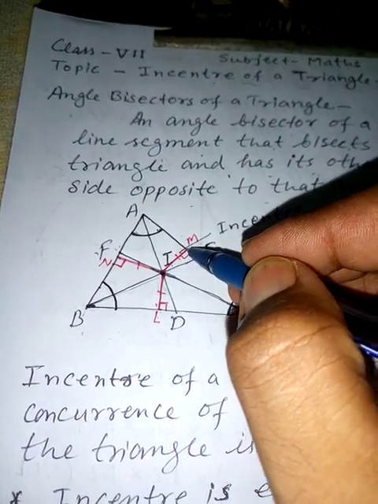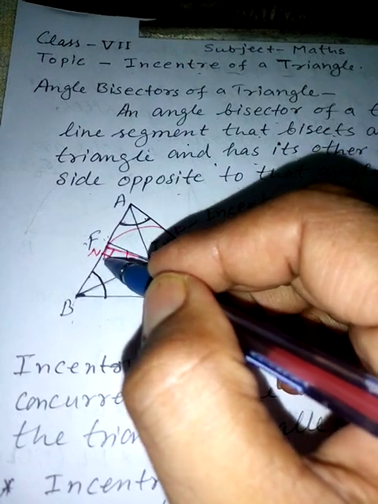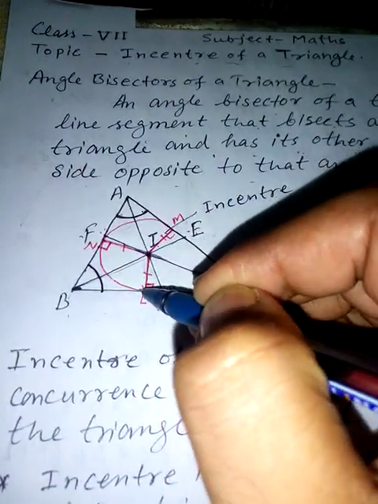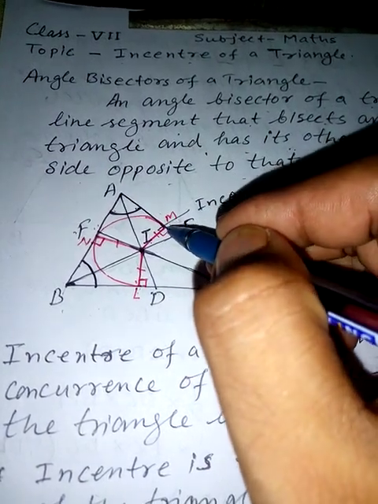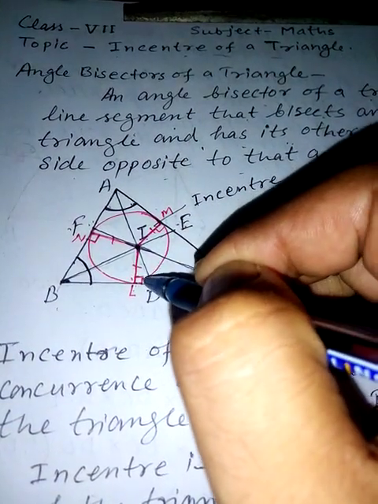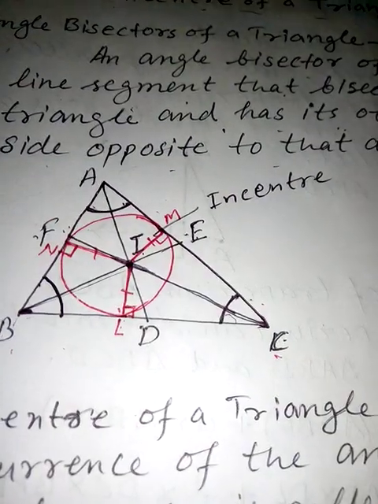When you put your compass here and take this as a radius, you can draw a circle which touches all its sides, as you can see.